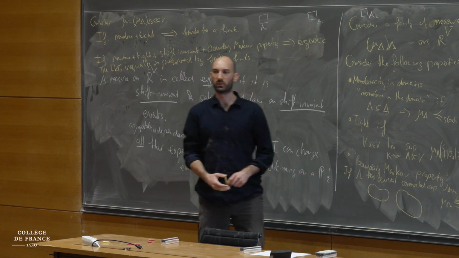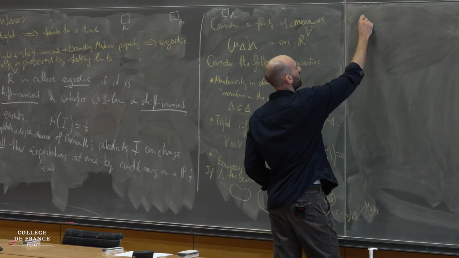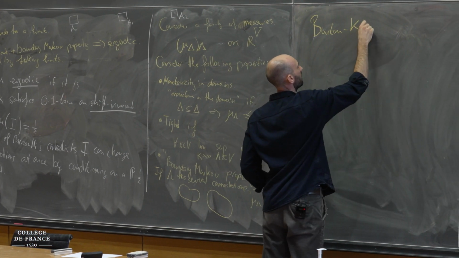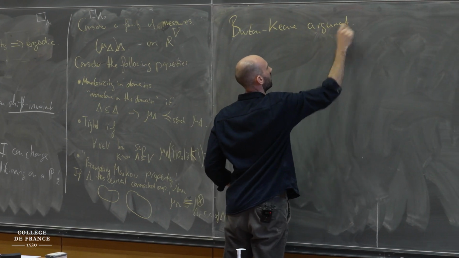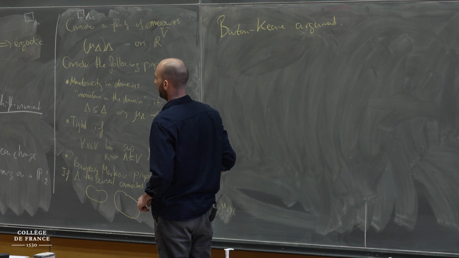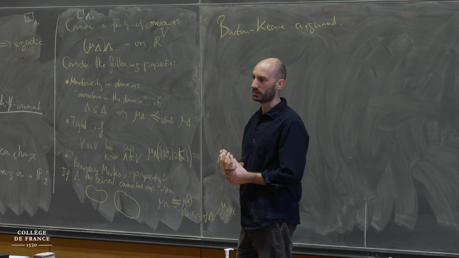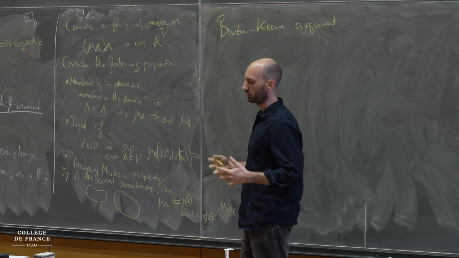So the last thing I want to present today is the Burton-Keane argument. Last time we saw this phase non-coexistence theorem, and this is one of the geometric inputs that we use.